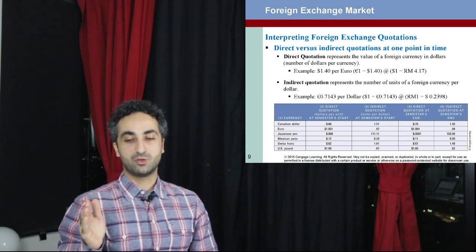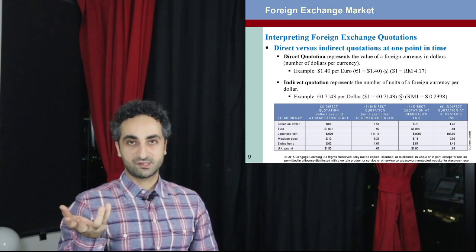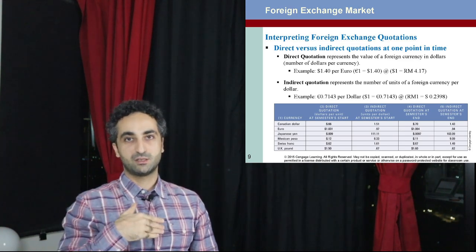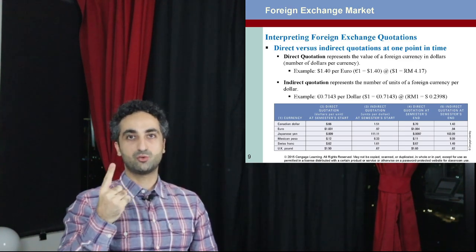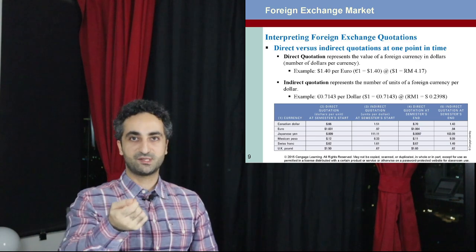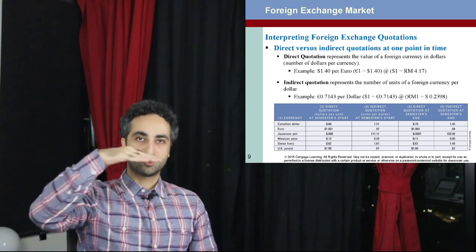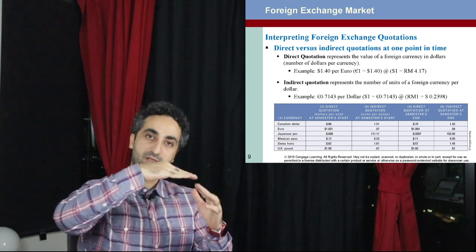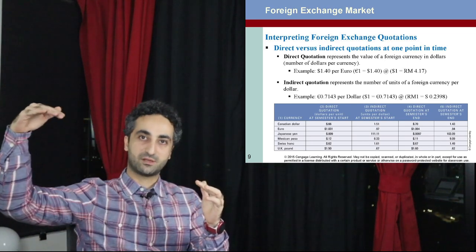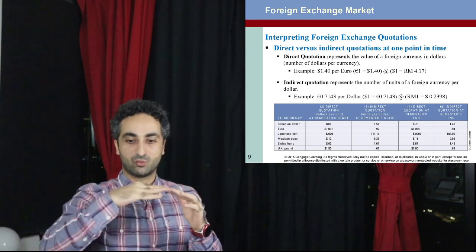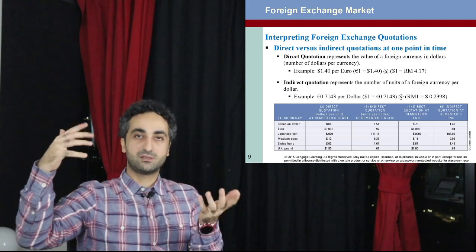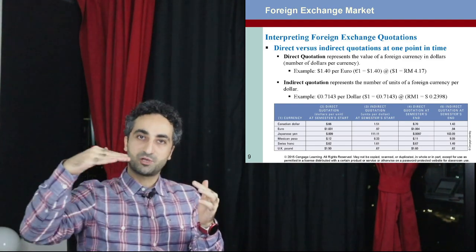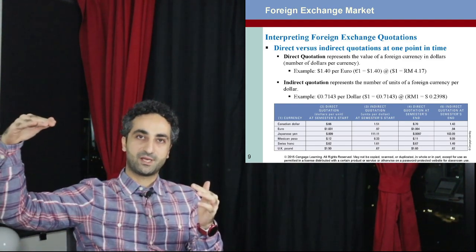So now you need more USD to buy 1 euro, right? You need to put more cents. So it's an upward, so it's increasing. The direct quotation looks like this, increasing. So when it increases, what does it indicate? It indicates more appreciation of the euro against USD.